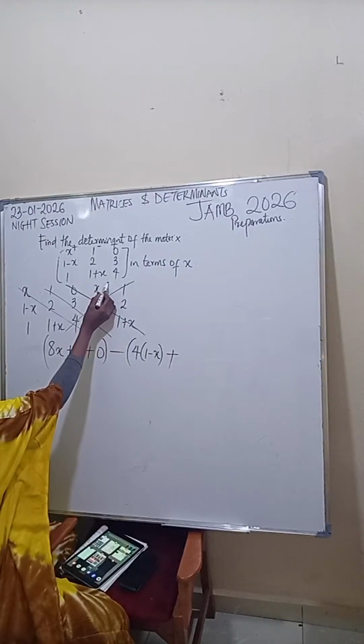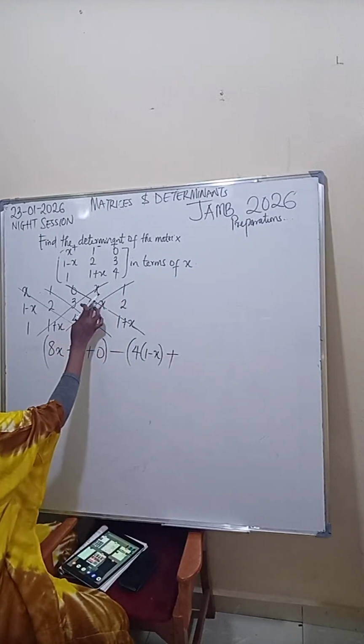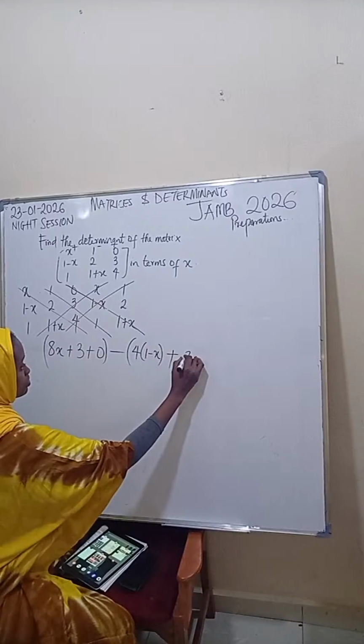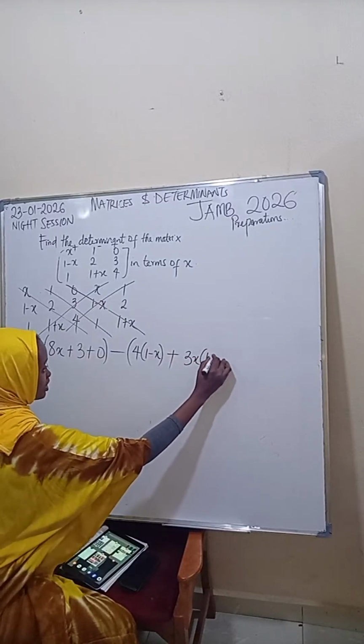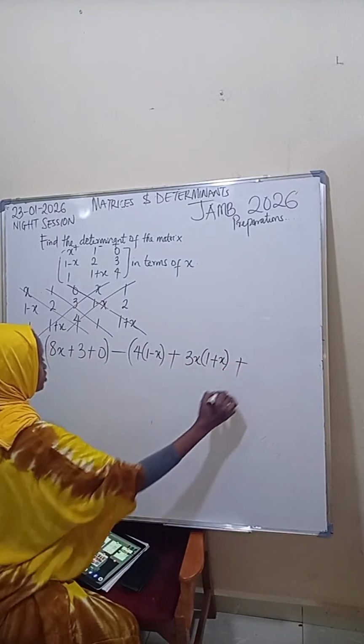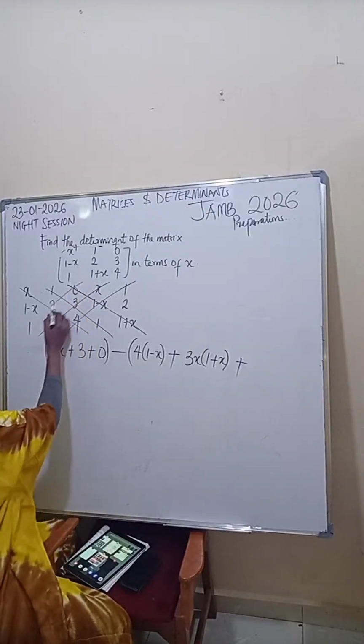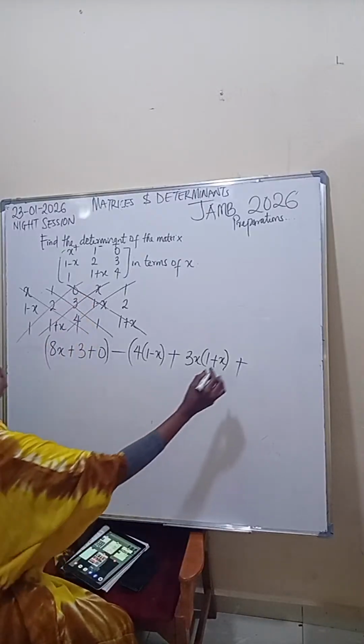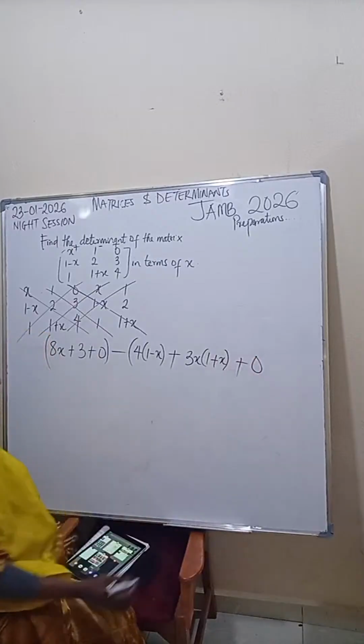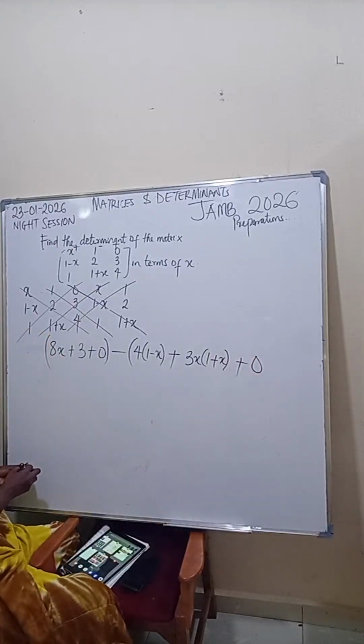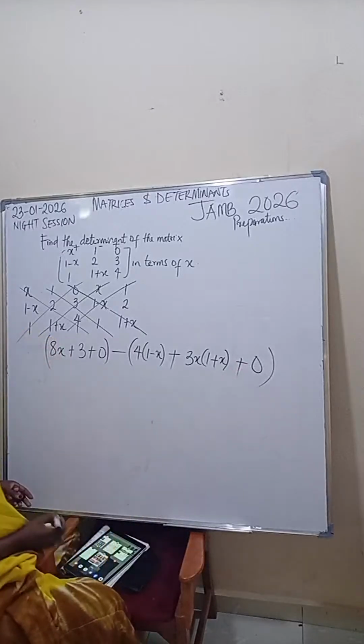So the next diagonal is like this. Okay, that is 3x. So this will be 3x open bracket 1 plus x plus 0 times 2 times 1. That will be 0. Okay, we are done. Alright.